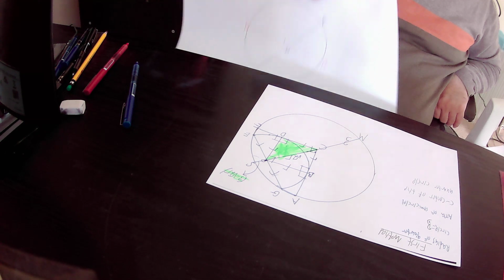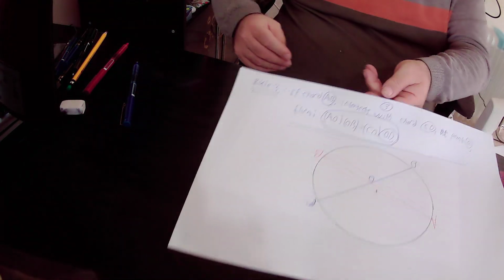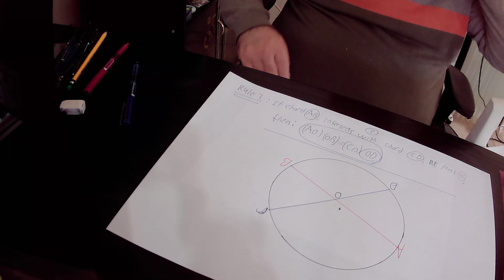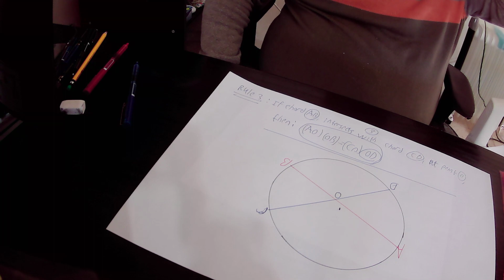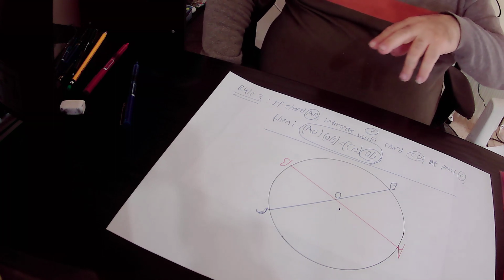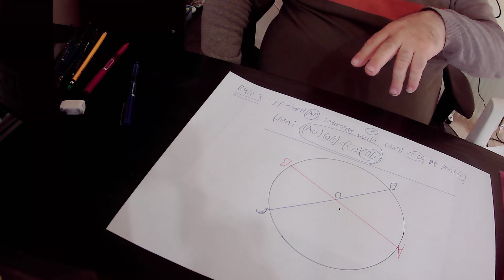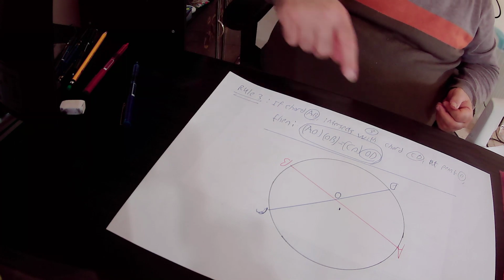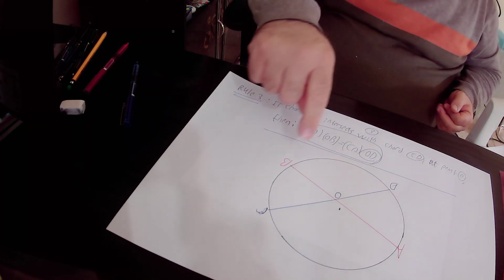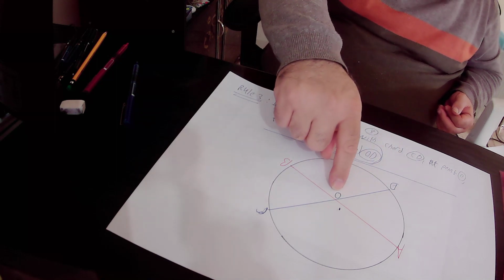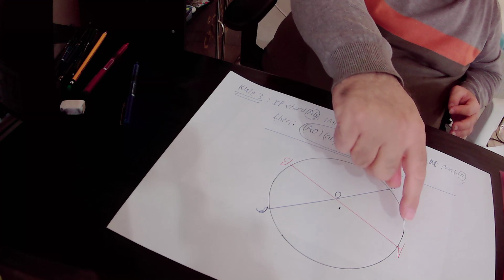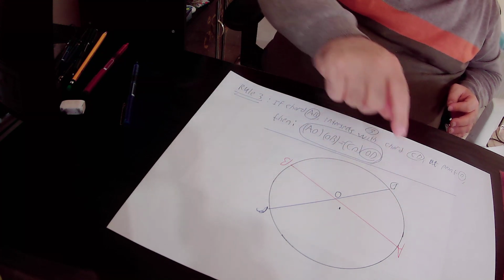Then I presented to you rule number 3. According to rule number 3, if chord AB intersects with chord CD at point O, then the following formula is true: AO times OB equals CO times OD. Here, chord AB intersects with chord CD at point O. Point O is the intersection point of chord AB with chord CD.